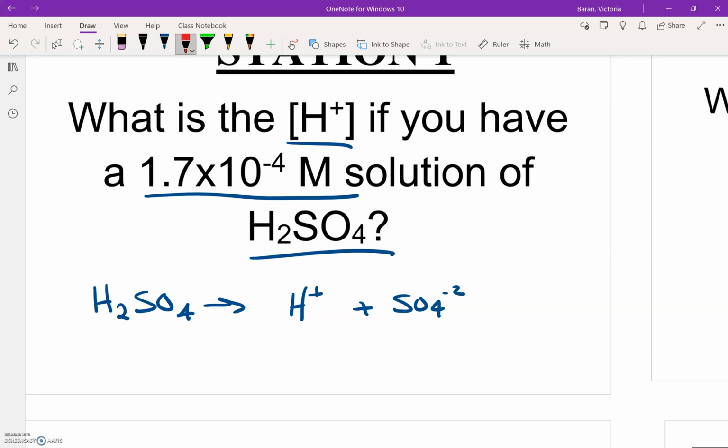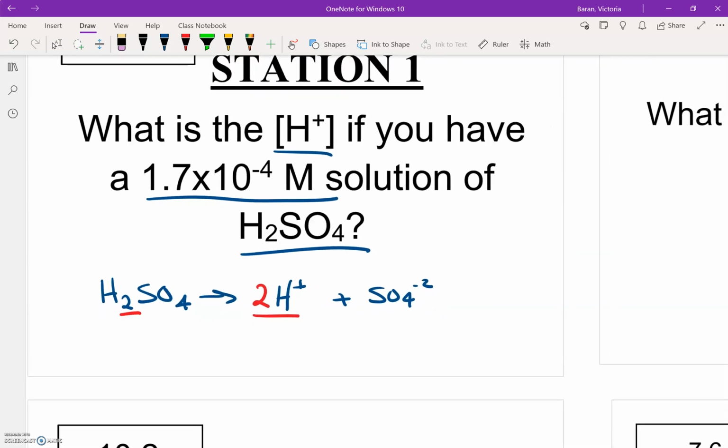When it dissociates, you're going to get 2 of those hydrogen ions. Now remember that this number right here, that 2, represents the number of moles. And this is a little bit as to why we do this.